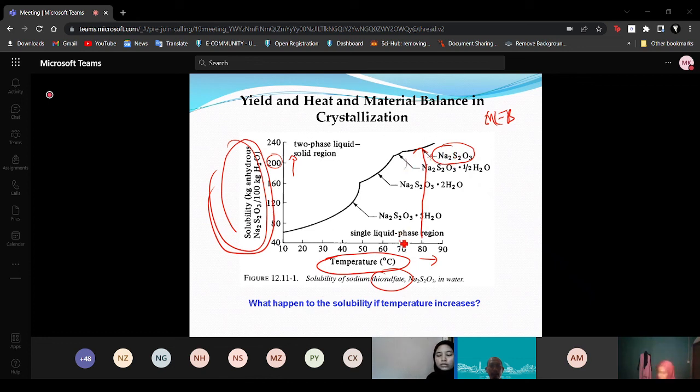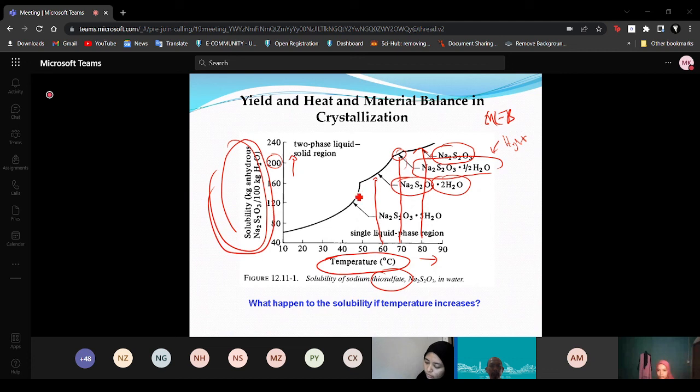And if you work at 70 degrees Celsius, your crystal is going to be thiosulfate with half H2O, hydrate. H2O is normally called hydrate. The number behind is the fraction of hydrate molecule. If you move down to 60, you're going to obtain thiosulfate with 2 hydrate.